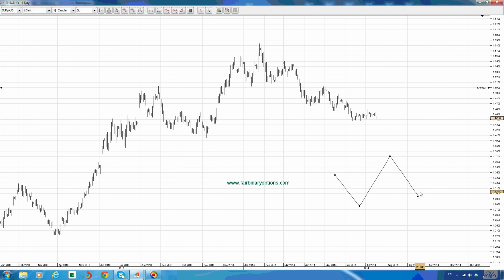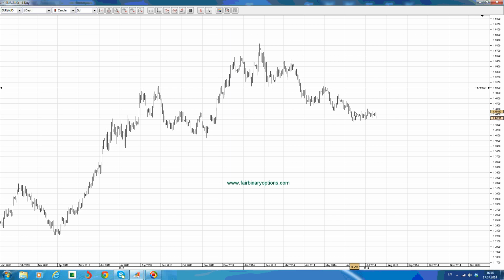So A, B, and C and the market should fly higher from this moment of time. I would say that the terminal impulsive move starts from this moment on, and it goes like this. This to be the first wave, then the second wave, then the third wave here, then the fourth, then the fifth.